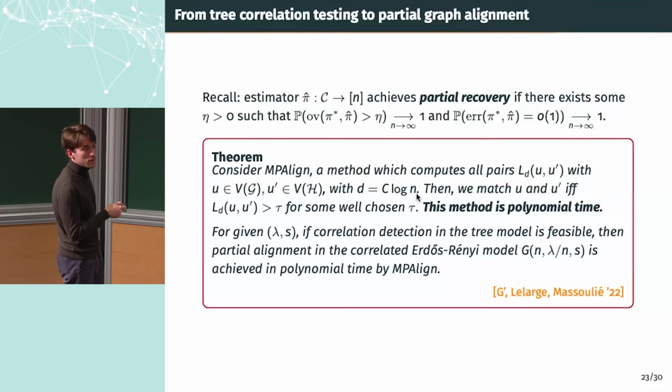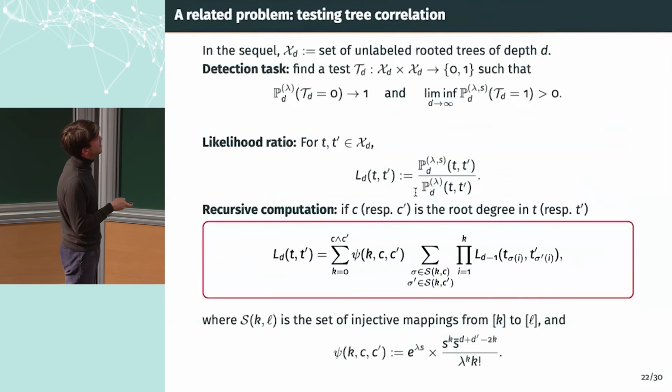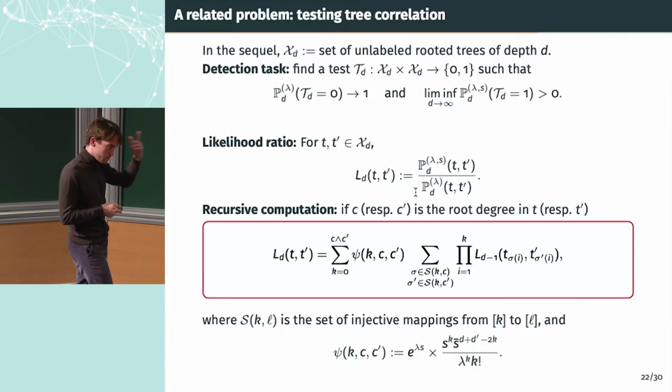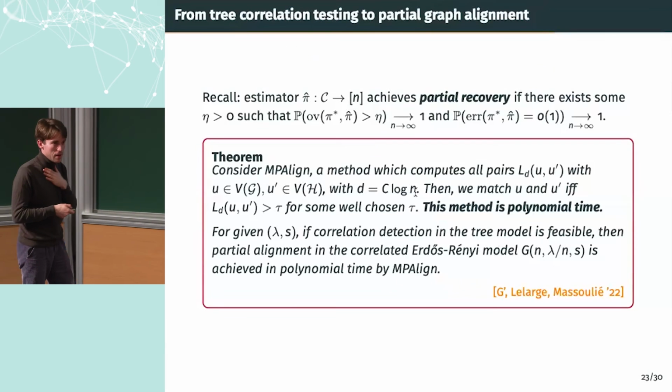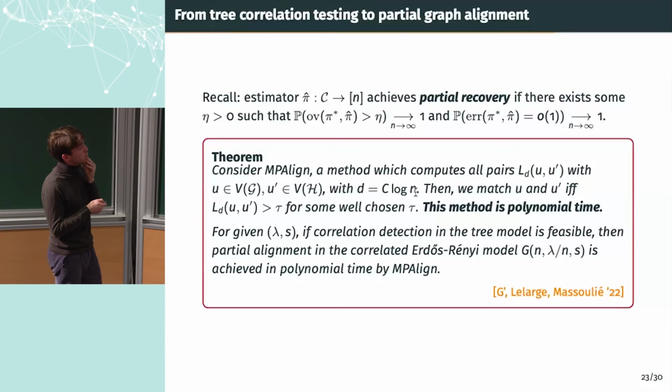This method is actually polynomial time. It may not be obvious when I show you this formulation, but as soon as d is logarithmic in n, everything works well, and the method is polynomial time. And the result is as follows.